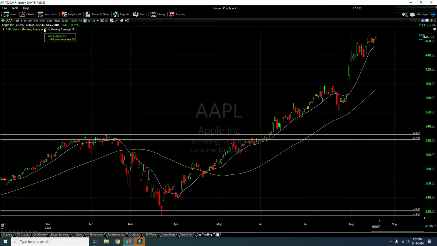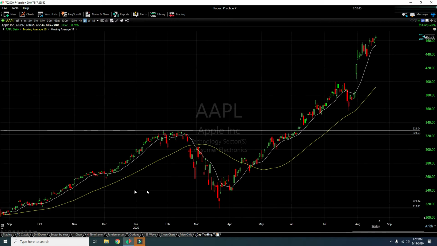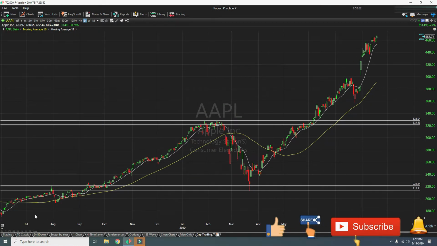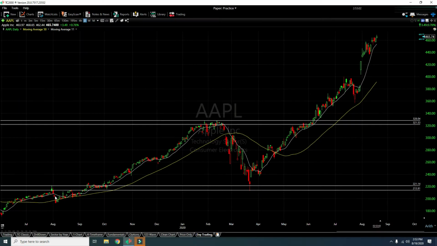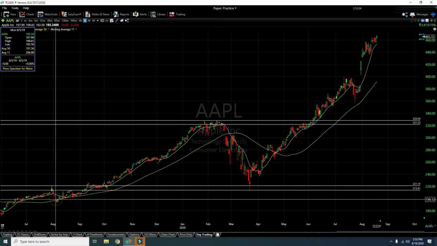Now coming back to the 50 period moving average, if you're a swing trader, not a short-term trader, and you use a 50 period moving average, let me zoom out here, you would have probably entered this trade in June 2019 at 198 and you would have got out right here.